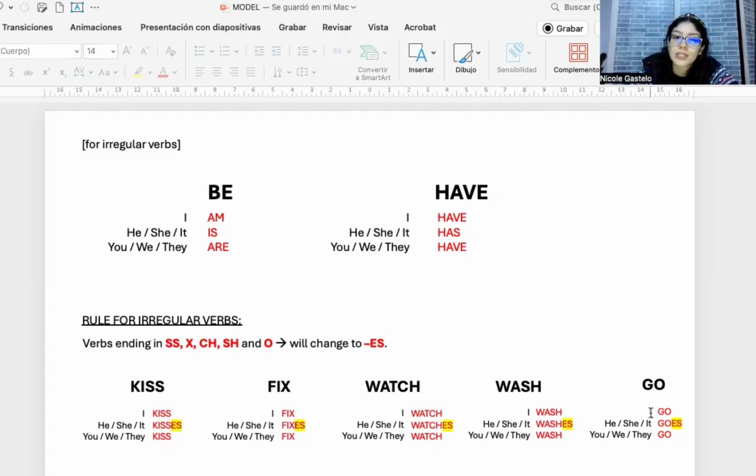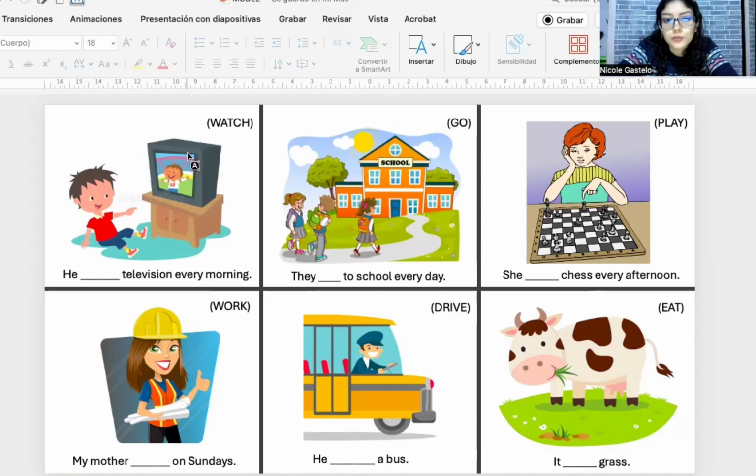Let's do some practice. The first picture, there's the verb watch. He television every morning. He watches television every morning. That's an irregular verb. Good. They to school every day.